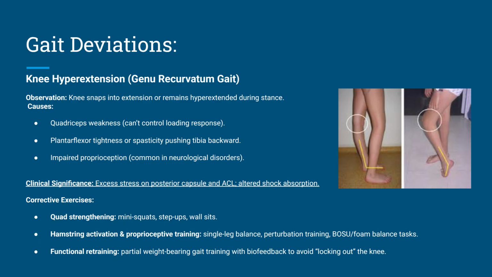This shifts load to the posterior capsule, the ACL, or articular cartilage. Instead of muscles absorbing force, ligaments do the job.